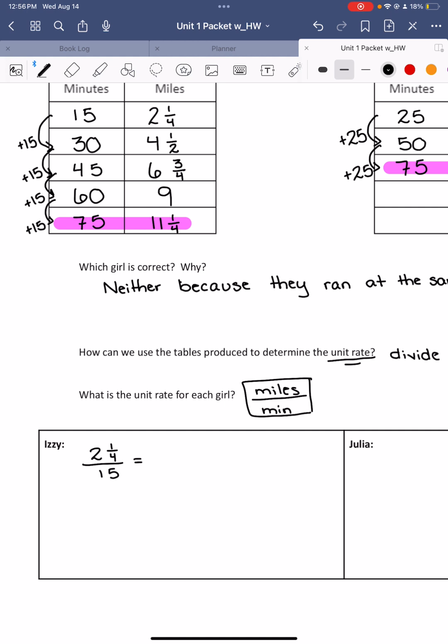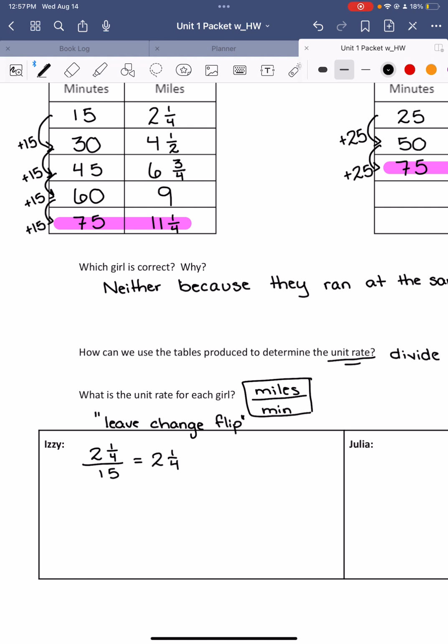Just as a little refresher, I'm going to show you how to do this if you didn't have a calculator. So remember, we are going to leave, change, flip. That means I'm going to leave 2 1/4.